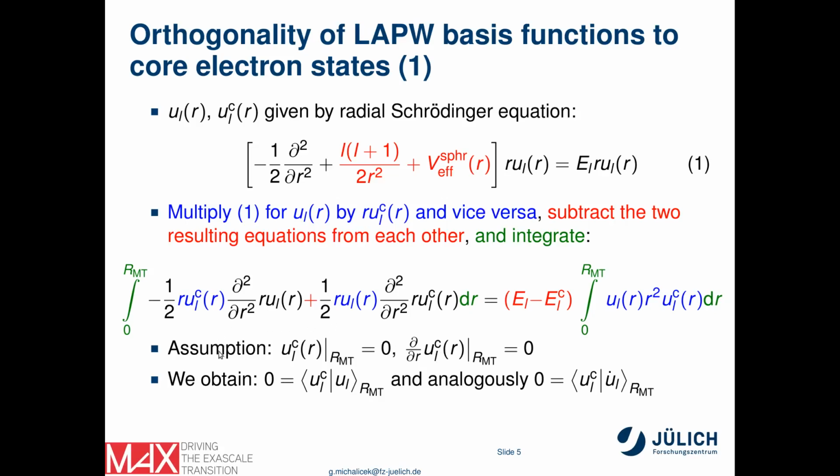So these are actually assumptions that have to enter this proof, and of course I did not show you this integration, but this is something that you have to keep in mind. So then you see that on the right hand side we have this scalar product again, and the left hand side becomes zero. So U is orthogonal to ULC, and analogously you can also show that UL dot is orthogonal to ULC.